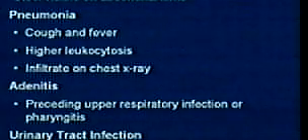Other things, pneumonia. We've talked about cough and fever. Whenever you have fever, cough, and tachypnea, that's the triad for pneumonia. So on your exam, they will write fever, cough, tachypnea. The other thing that you need to be thinking about is that the leukocytosis will be elevated. You want to make sure that you look at the chest x-ray to see if there's an infiltrate.